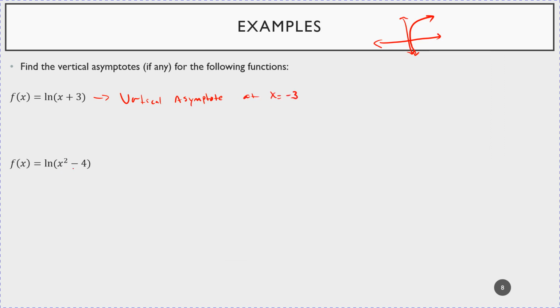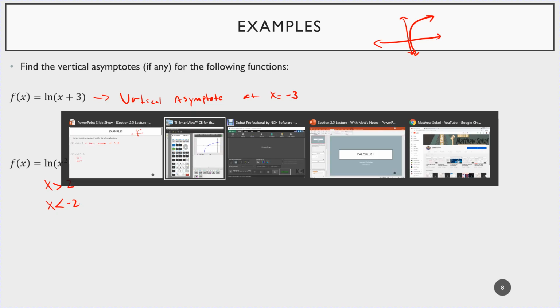So this one is cool, right? So you have to look, and here the squared thing makes things interesting because the domain of this is everything such that x squared minus 4 is greater than 0. So that's going to happen when x values are greater than 2 or x values are less than negative 2. So watch, you'll see that in the graph here.